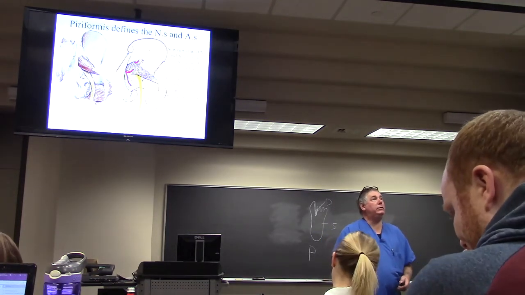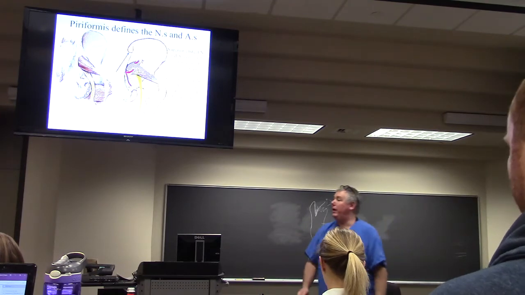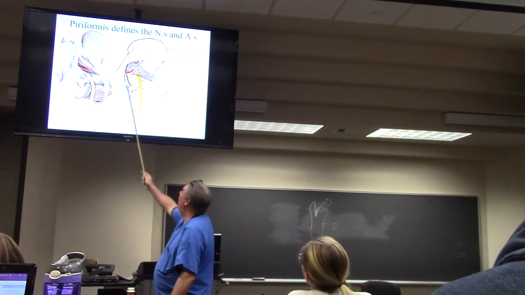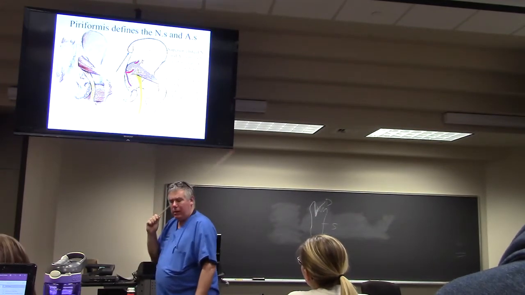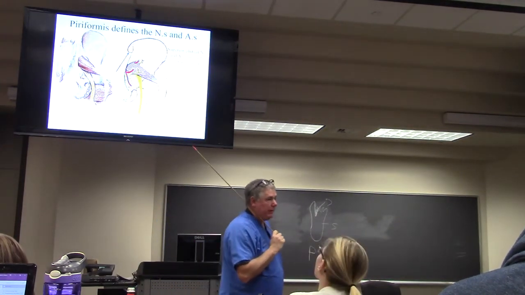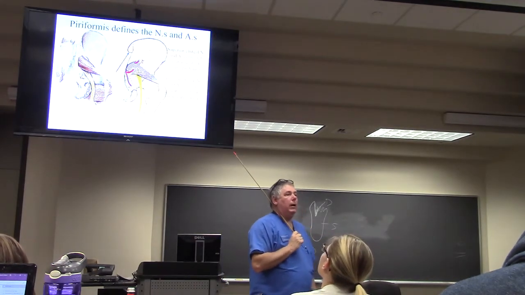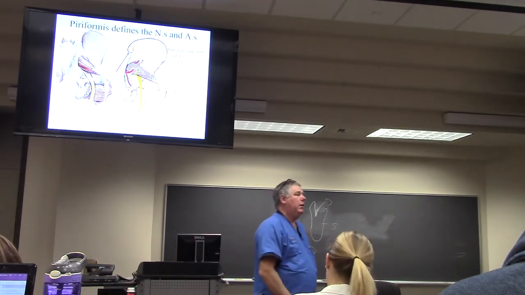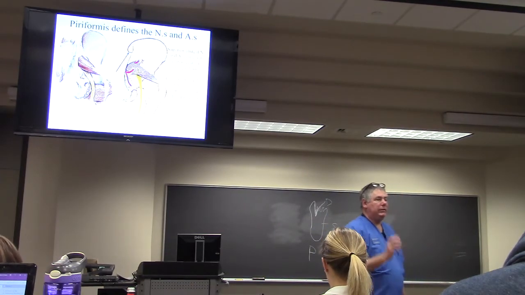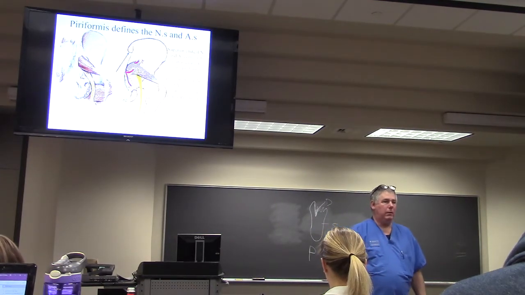Okay. And this is just what I said. Remember the pudendal complex, nerve, artery, and vein, exits the greater sciatic foramen, dives back through the lesser sciatic foramen. So what structure passes through the lesser sciatic foramen, but not the greater?